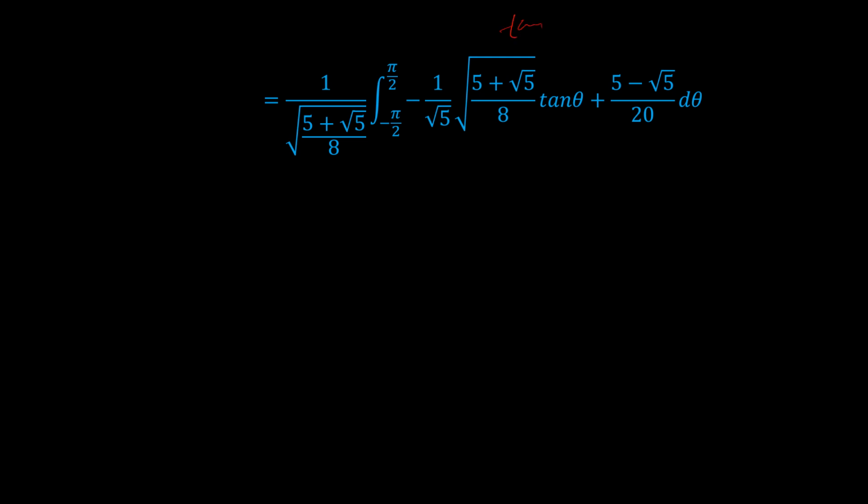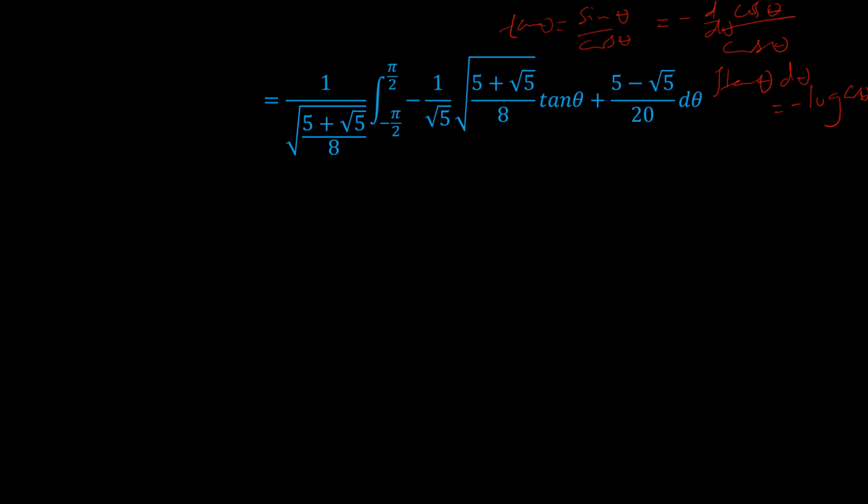Tan theta is the same as sine theta over cos theta, which is the same as negative the derivative of cosine theta over cos theta, such that the integral of tan theta is equal to negative natural log of cosine theta. Okay, so this is easily integratable.